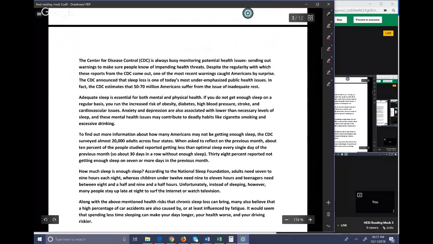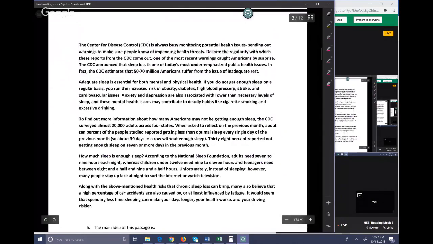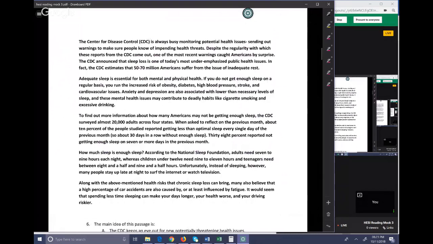The next passage here is what my breakdowns and main idea were. Again, you can always pause and back me up a few seconds to rehear something. When I read the intro paragraph, because remember, you should always have your main idea formed before you read past the first paragraph, the intro paragraph, I said the CDC reports sleep loss is a common and critical issue.